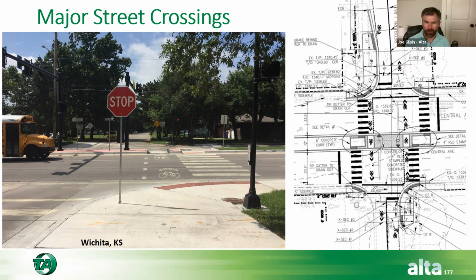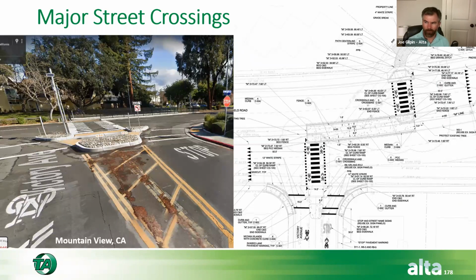And then this one is in Mountain View. This was a bike boulevard that we were working on, and it had sort of an offset intersection. There was already a raised median here with no connectivity. There's a cul-de-sac right here that was blocked off from access to the road at some point.